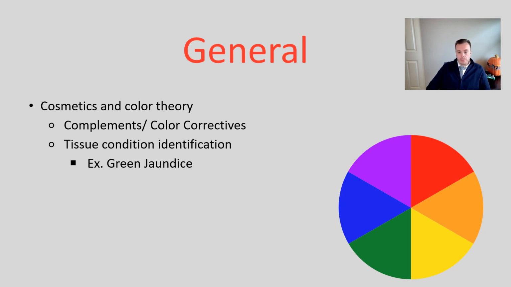Well, what is the opposite here? Red. Okay, pretty simple. We're going to put a little bit of red to cover the green, and generally what that is doing is it is going to at least dull out the green. So then you'll be able to put regular cosmetics over the top of it.